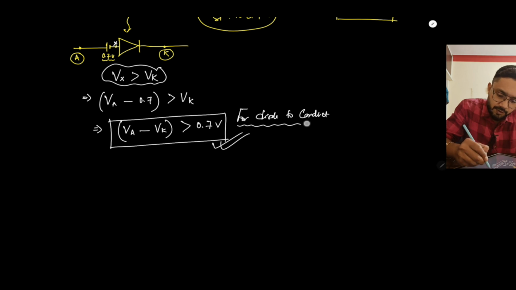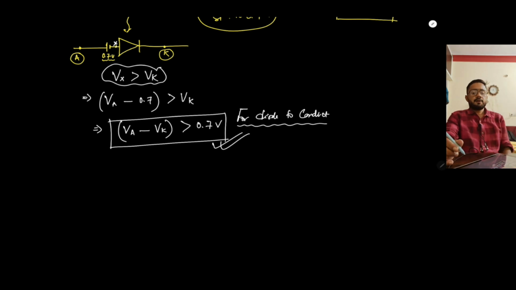So this is the new condition for the diode to conduct. Previously, if Va minus Vk was greater than 0 volt, then the diode would conduct. But when we consider this voltage drop, the voltage across the diode, that is Va minus Vk, should be greater than 0.7 volt.